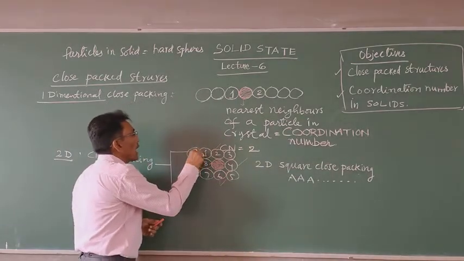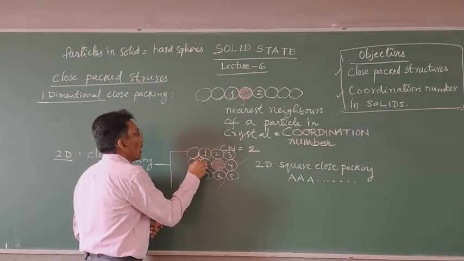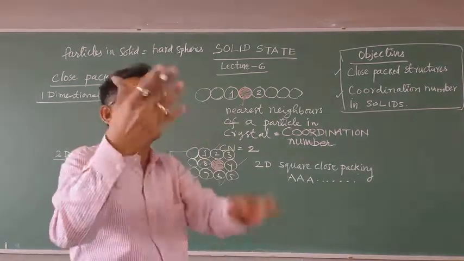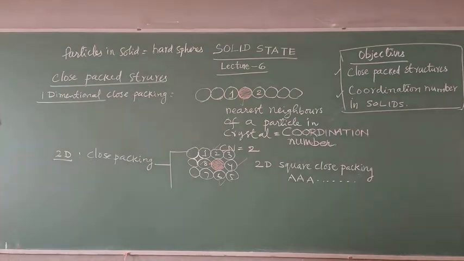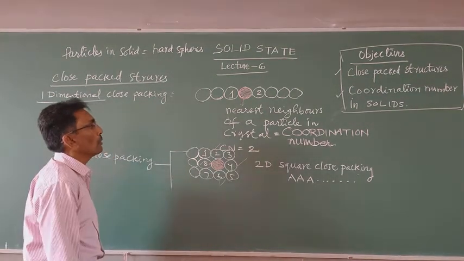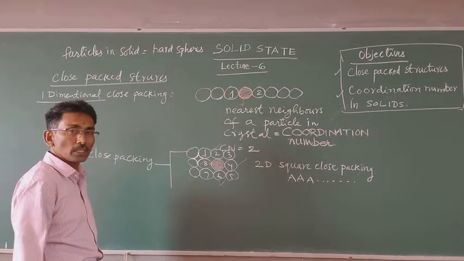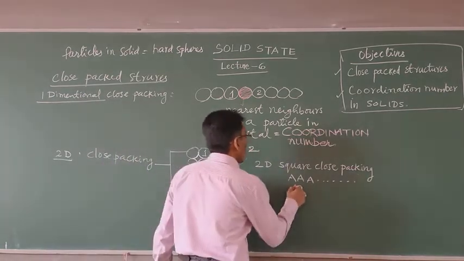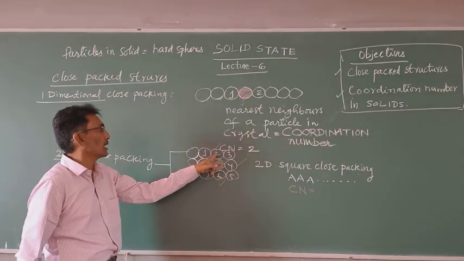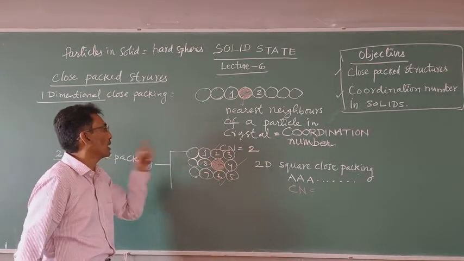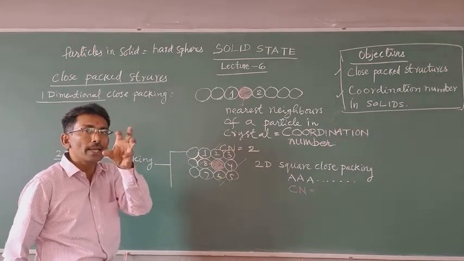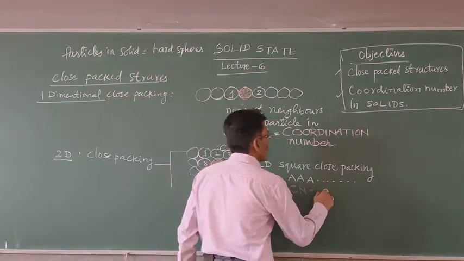These gaps are known as interstitial voids. The gap among the particles is known as interstitial void. So in two-dimensional square closed packing, this is the coordination number. The selected particle is attracted by the second, fourth, sixth and eighth. But 1, 3, 5, 7 are not in direct contact, so the coordination number is 4.